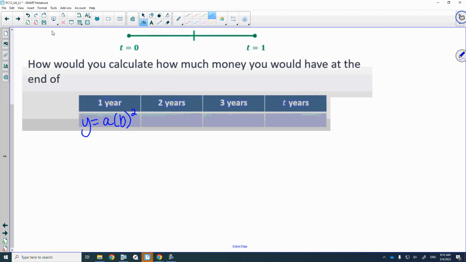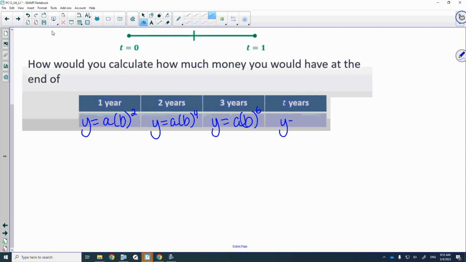So this would be a 2. If we have our money in for 2 years, y is equal to a b, how many payments would we get in 2 years? 4 payments. In 3 years, it would be a base 6.